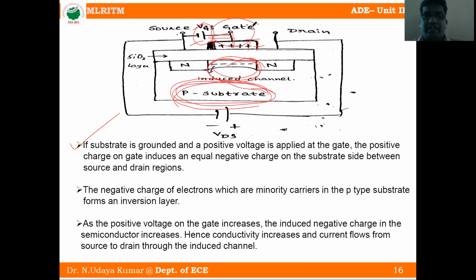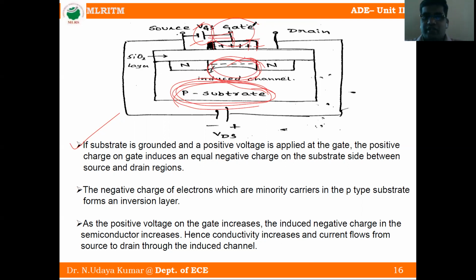That's why we call it enhancement, because here conductivity increases. More gate voltage induces more electrons into the P-type substrate so that electrons move from source to drain. Then current passes from drain to source. That current we call the drain current.